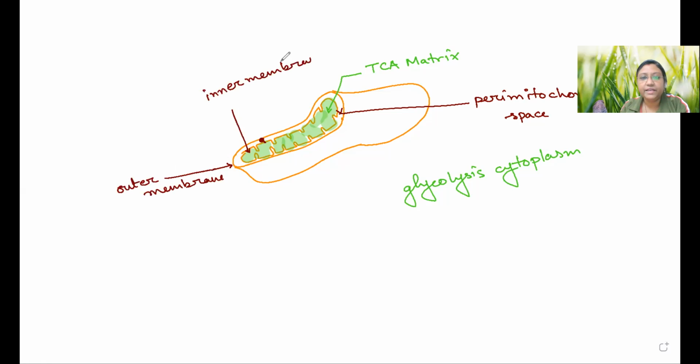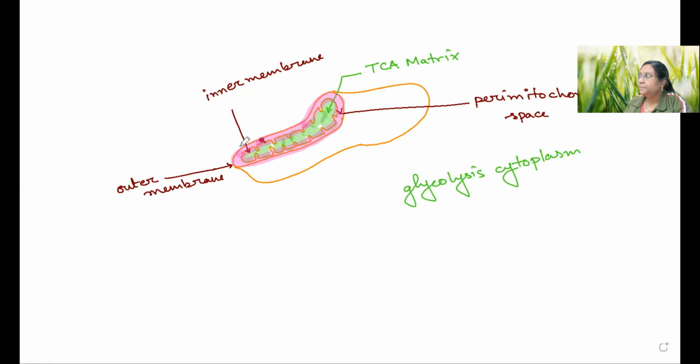I will fill in the area so that it will be easy for you to understand. The area I am highlighting with pink, can you see in the image, is known as the perimitochondrial space.